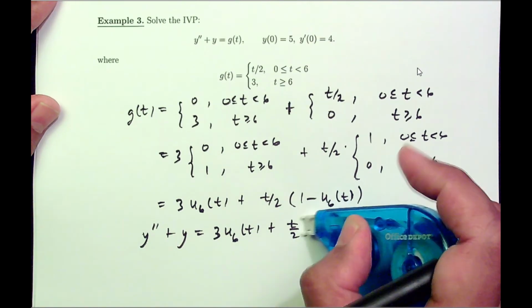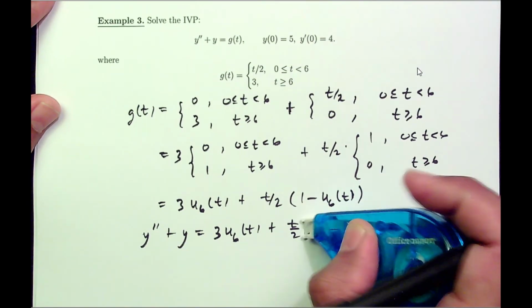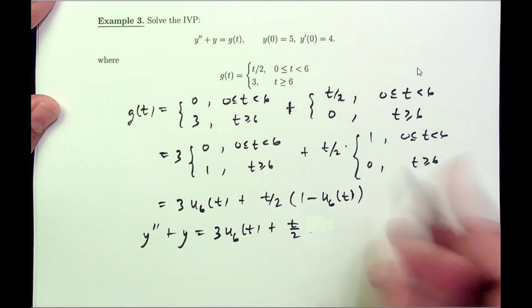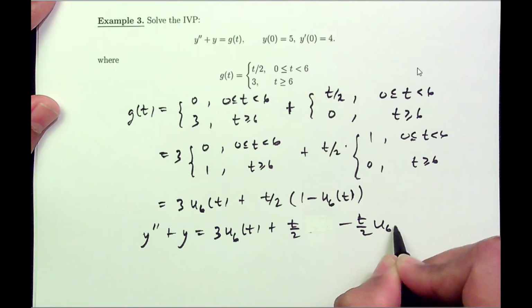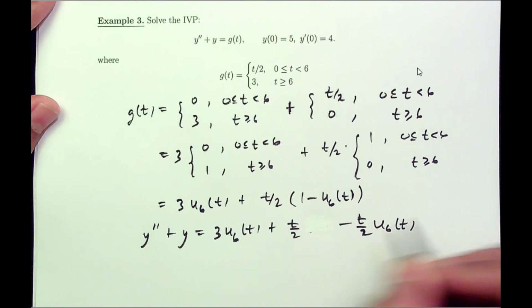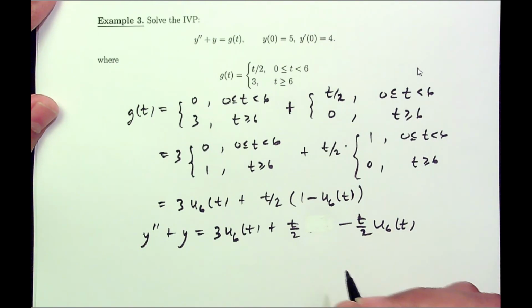So distribute that: minus t halves u6 of t. Okay, now we can work this out.